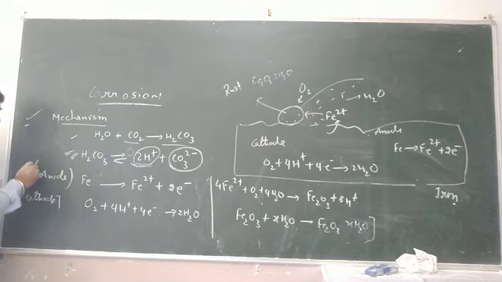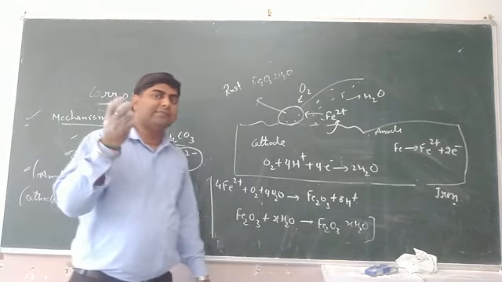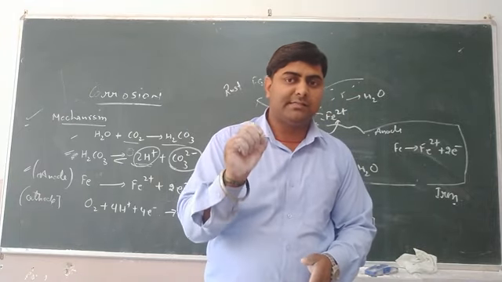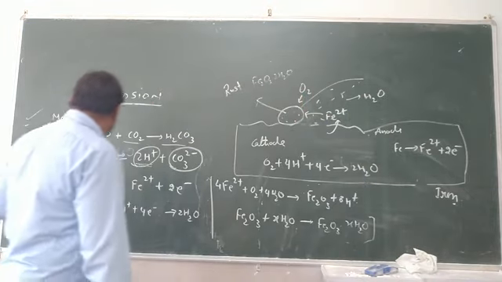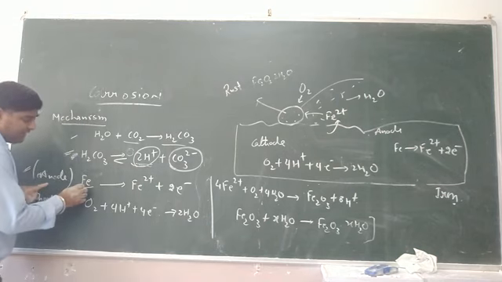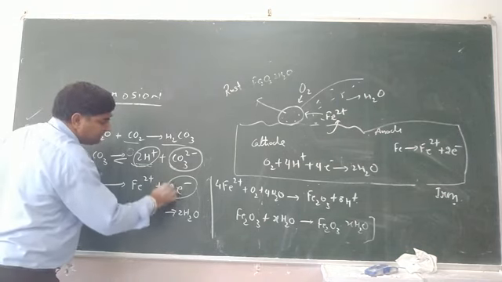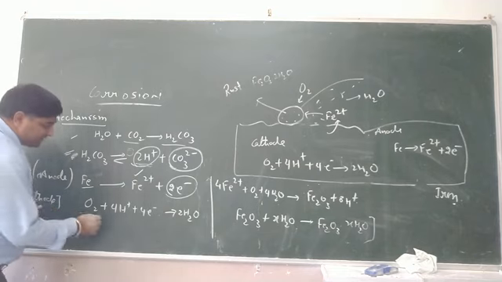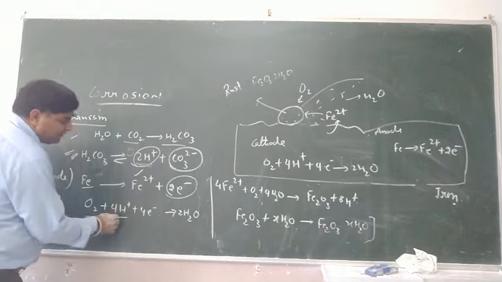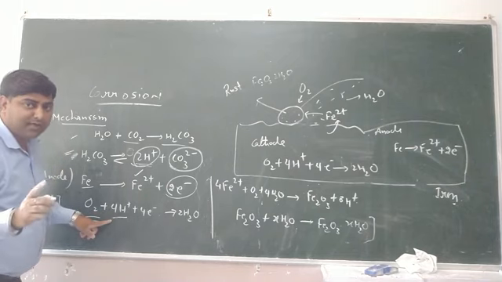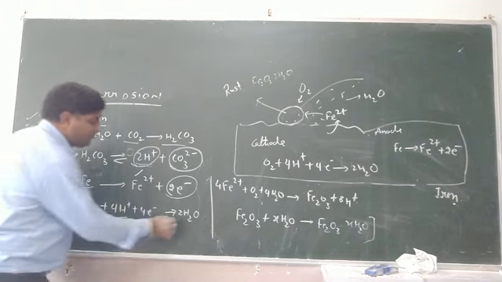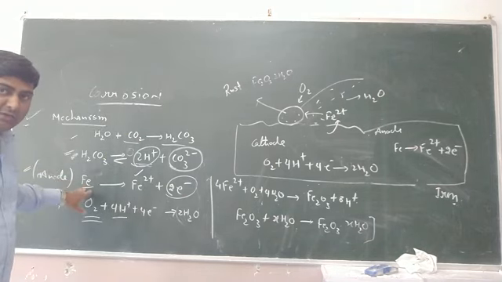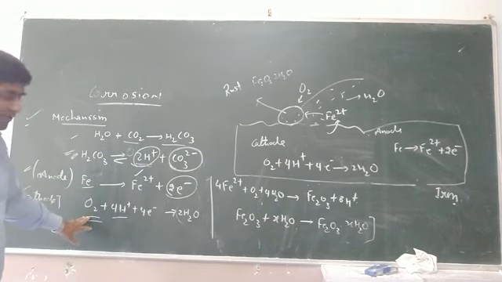The reaction at the anode: when this carbonic acid falls on the iron surface, iron starts behaving as the anode. So iron loses 2 electrons to form Fe2+. And at the cathode, oxygen combined with hydrogen ions and electrons forms water. So these are the reactions taking place at the anode and at the cathode.